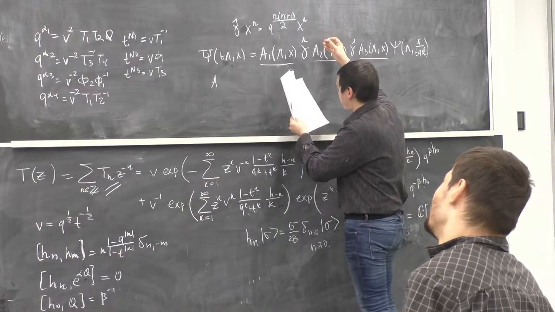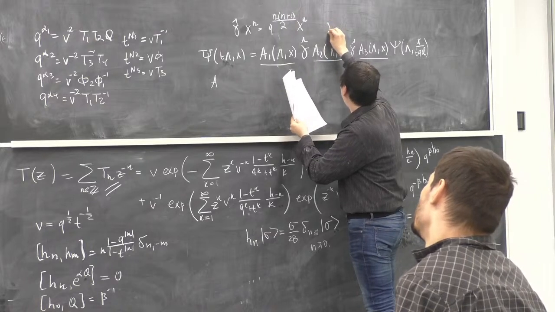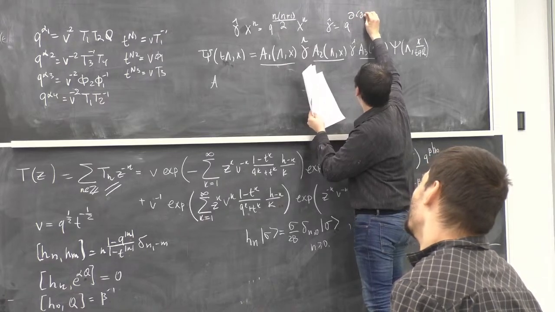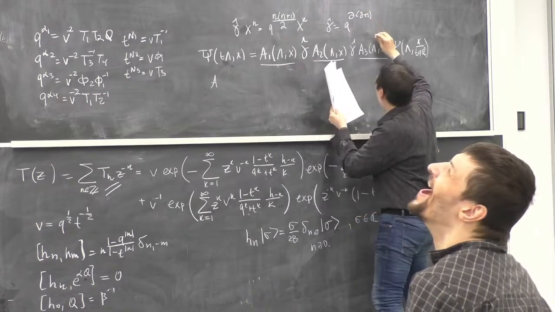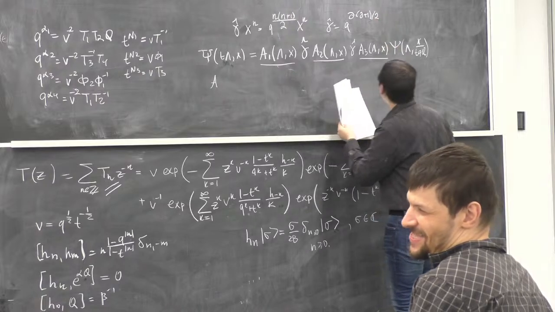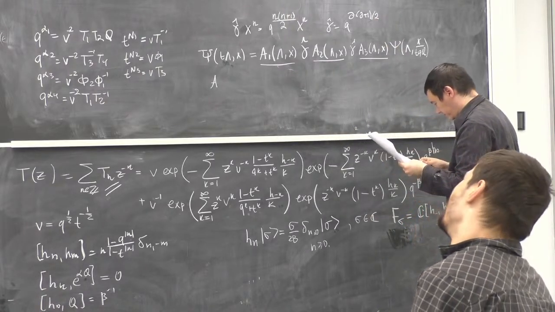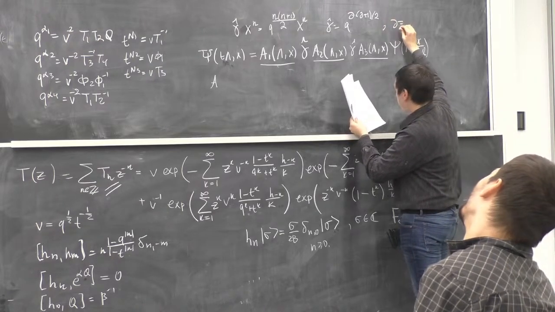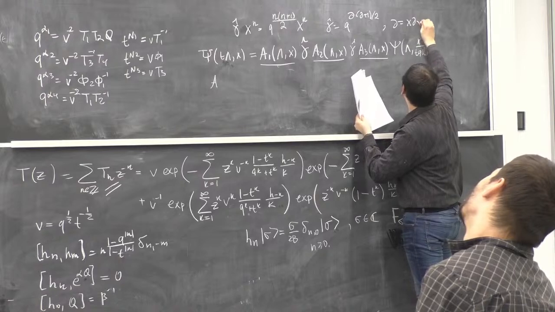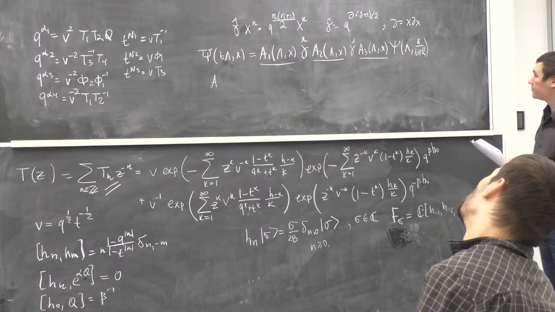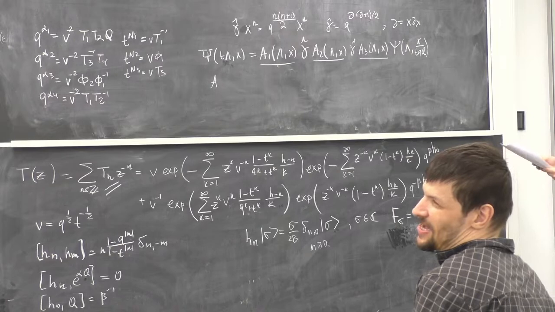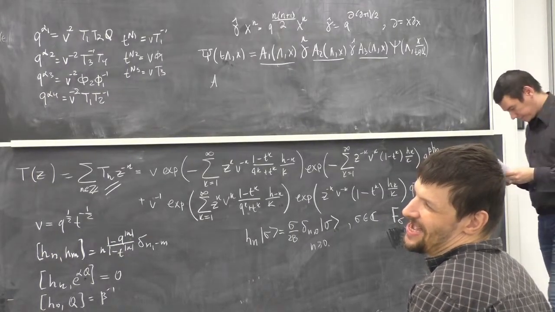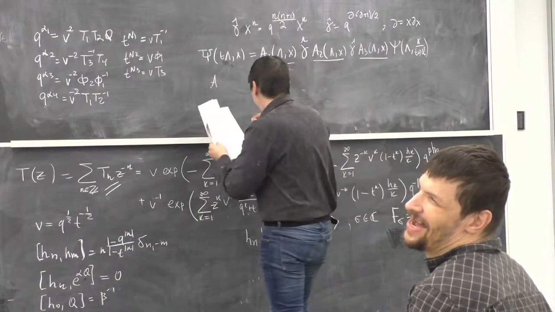You can think about this as gamma is q to the d times d plus 1 over 2, where d is x d of x. And then A1.